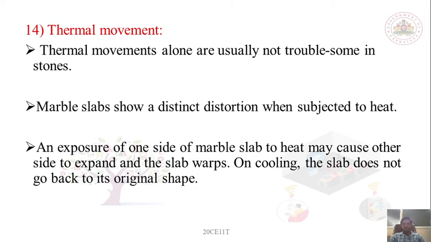Exposure of one side of the marble slab to heat may cause the other side to expand and the slab warps. On cooling, the slab does not go back to its original shape.